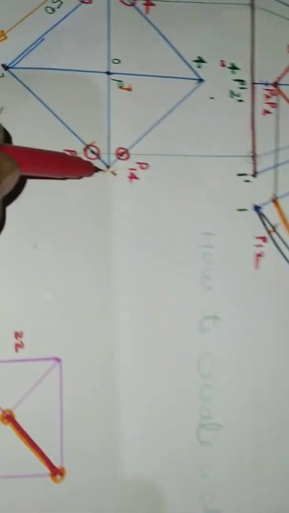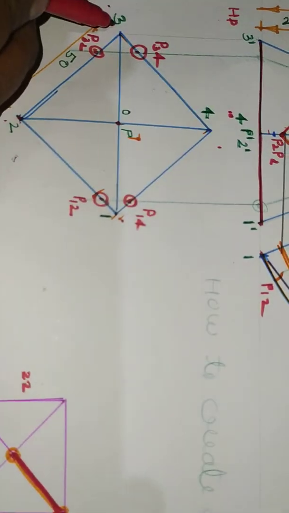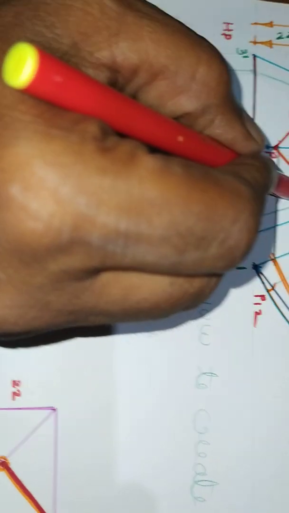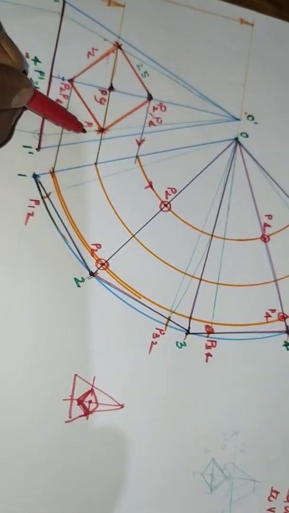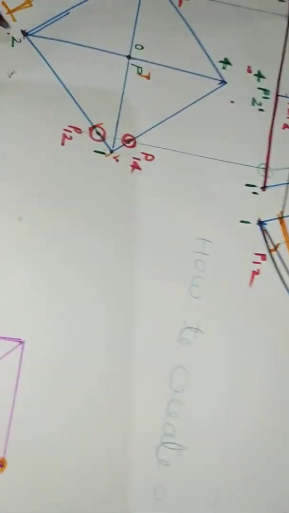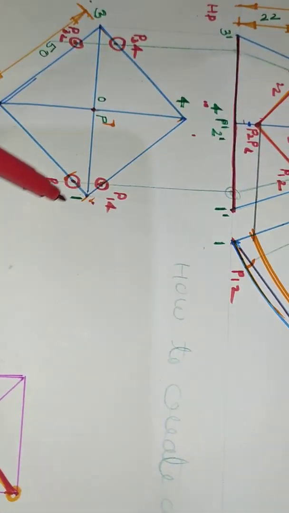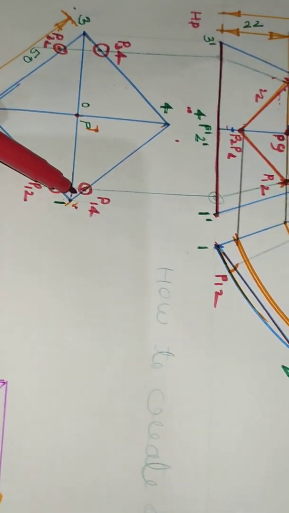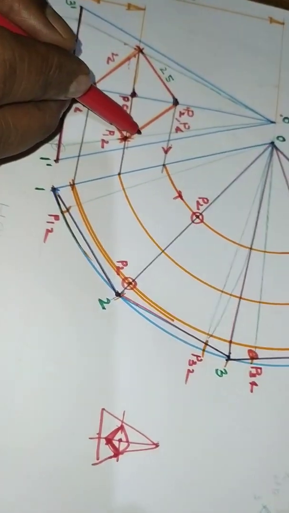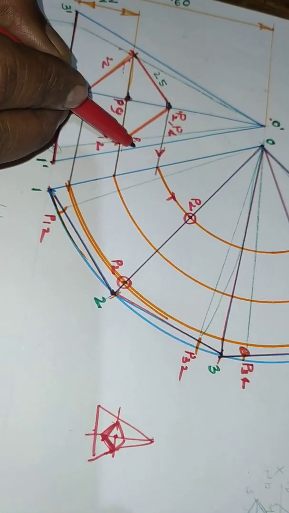Now this is the edge 1, 2, 3 front side, P12. Again the back side edges 3, 4 and 1, 4 are the back side edges, so I will name them back side P14.